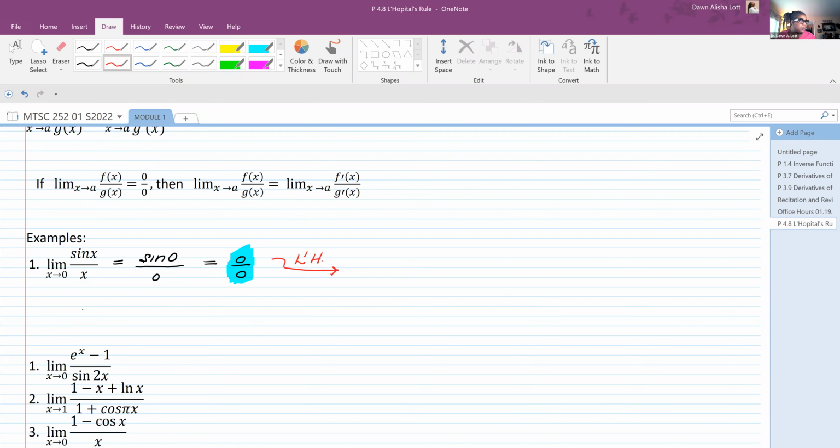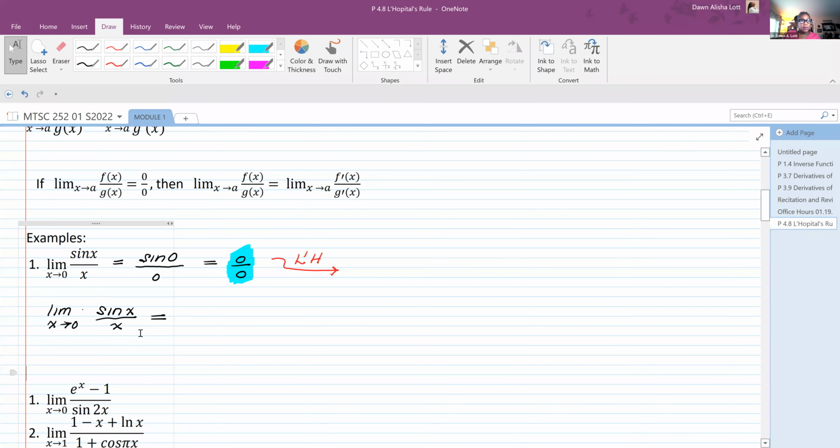L'Hopital's rule says if I want to take the limit as x approaches 0 of the sine of x over x, I now need to do the limit as x approaches 0, because I got 0 over 0.